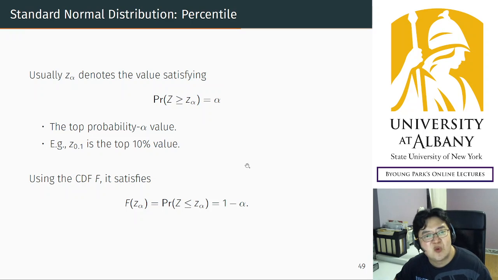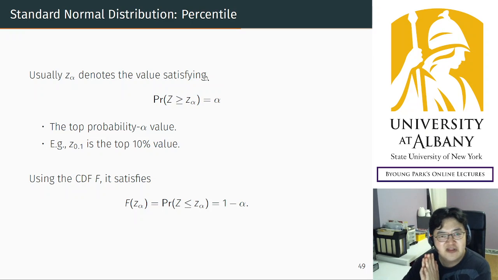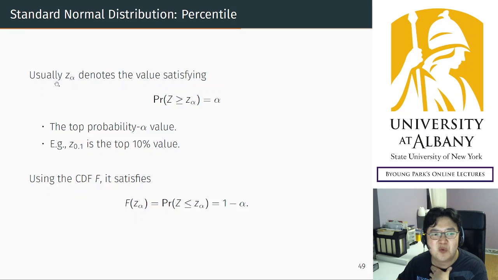And what's annoying in statistics is that there are two different notations for each of them. Earlier we learned percentile based on cumulative probability, but in the later chapters this is a more common notation. I will use lowercase z subscript alpha, which represents the value that gives probability greater than the value equals alpha.